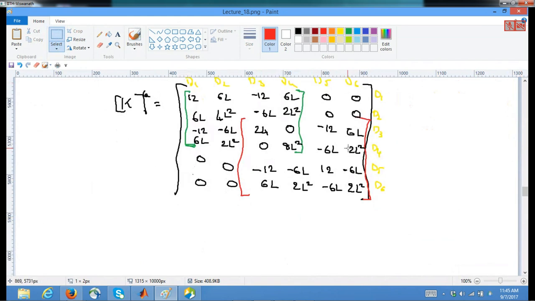Anyway, since I made the mistake, I have to rectify it. This one is not 2L, as somebody has mentioned earlier. This is 4L, which was a typographic error.